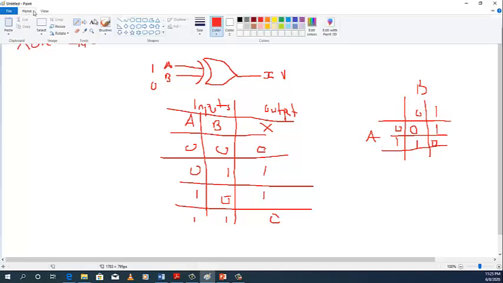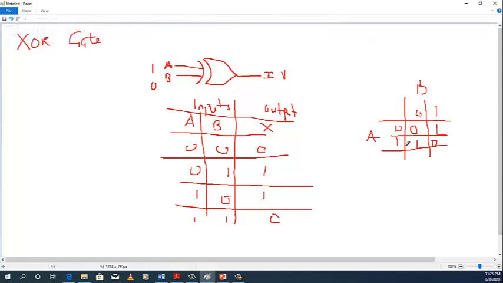If you input a 0 and input B is also 0, what are we going to get? Here, a 0. If you input 0 and 1, what are we going to get? We're going to get a 1.